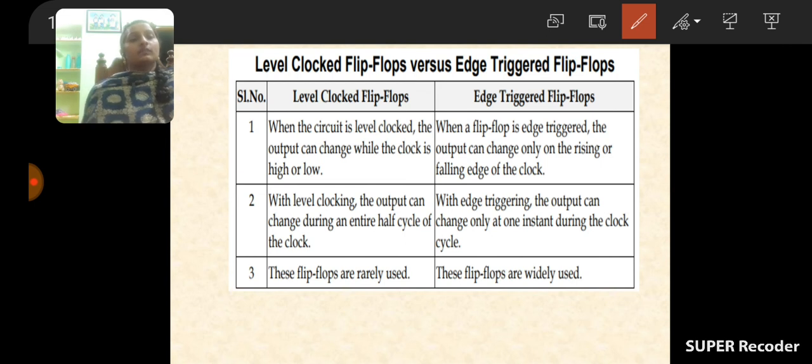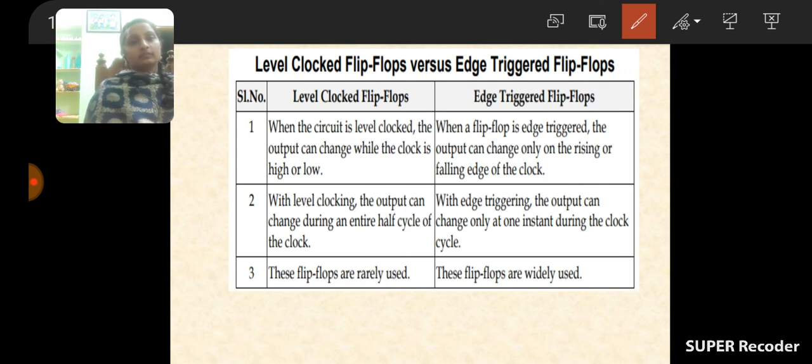First one is level triggering and edge triggering. Level triggering is again classified into two types: positive level triggering and negative level triggering. In edge triggering also there are two types: rising edge triggering as well as falling edge triggering.